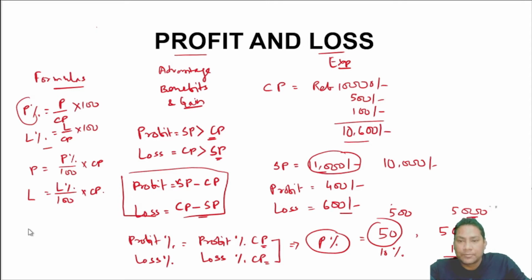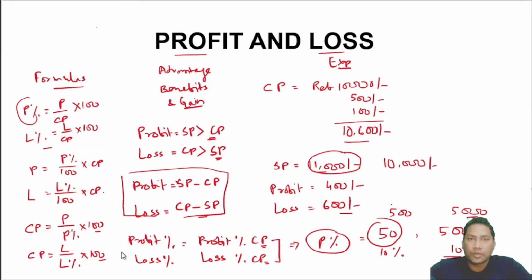The formula of cost price will become cost price equal to profit divided by profit percentage into 100. In a similar way, cost price from the loss percentage and loss is loss divided by loss percentage into 100. So friends, these are all the formulas related to profit percentage and cost price.